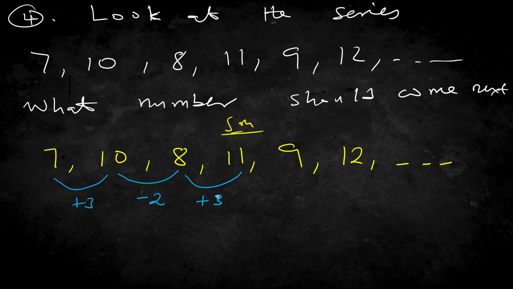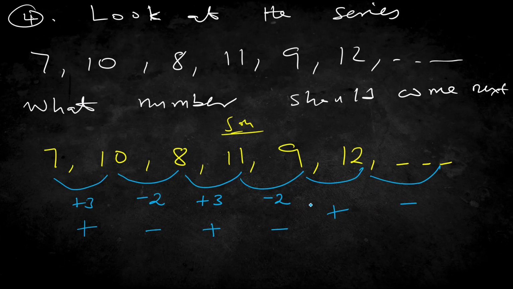So we have 8 plus 3 making 11. Now let's go to the next one and then we conclude. So 11 to 9, we are down by 2, so minus 2. So look, we have plus 3, minus 2, plus 3, minus 2. So this side will be plus, then this side will be minus.